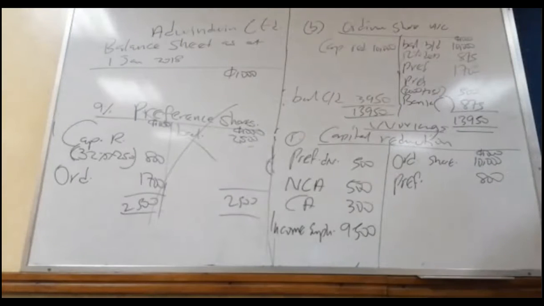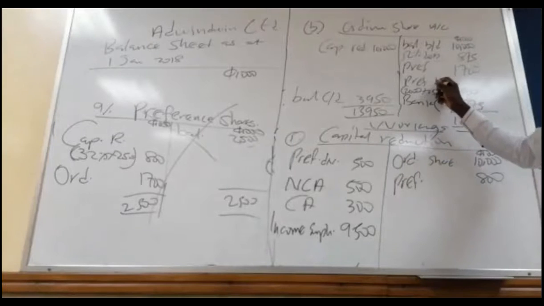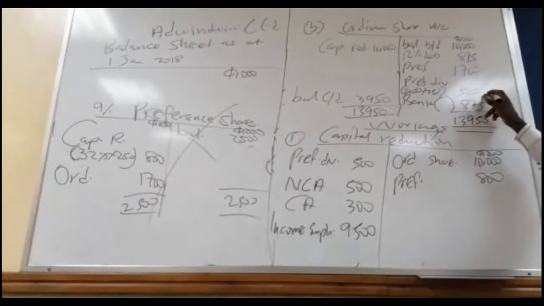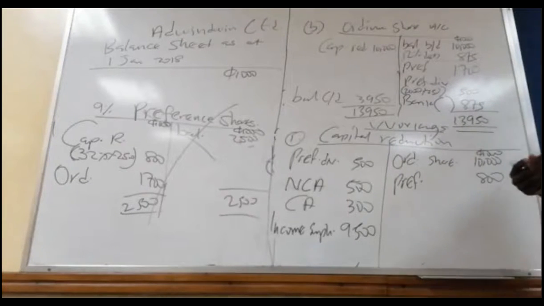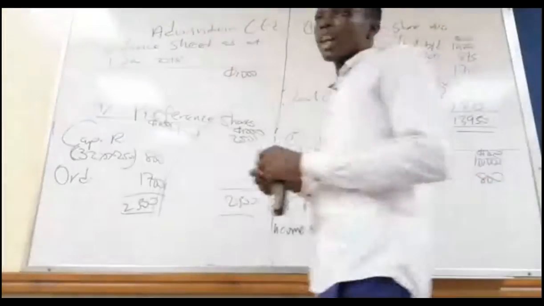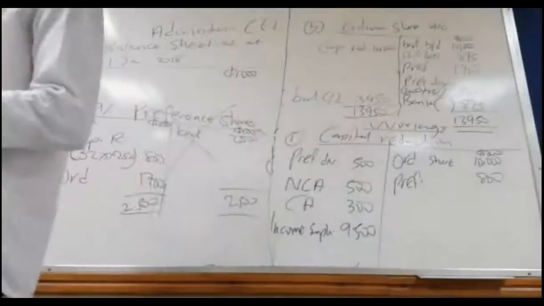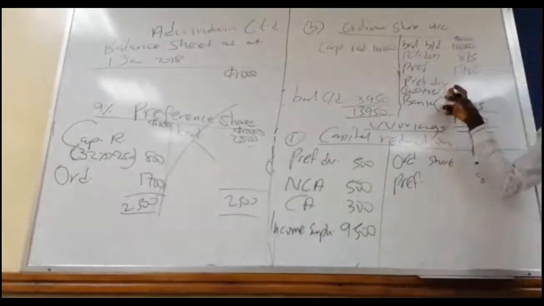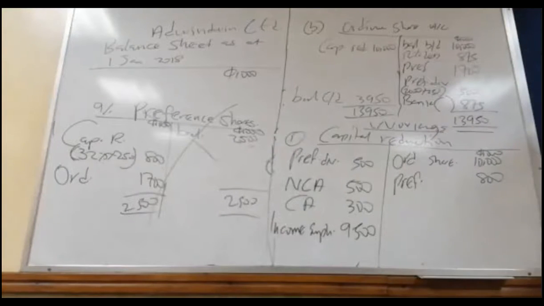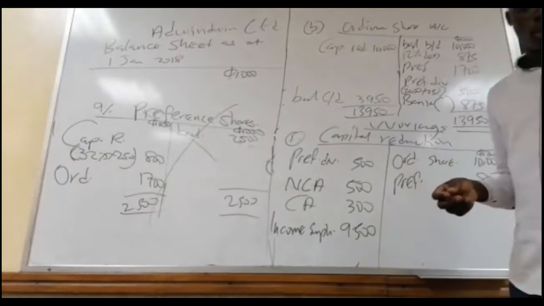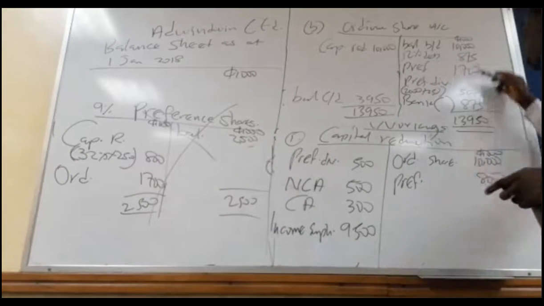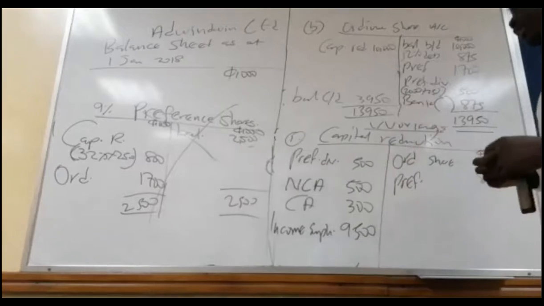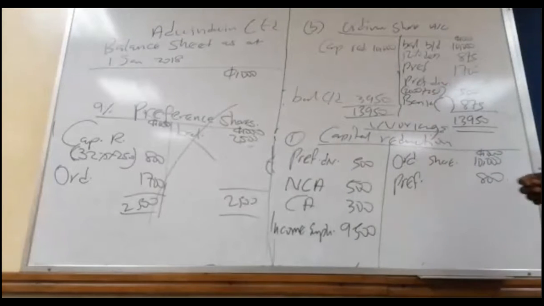The 500 was the preference dividend. We had 500. We gave them 2,000 shares, valued at 250. Good. There's preference shares and preference dividend. There are two things altogether. One is dividend, one is shares. So therefore, we put them together to get a balancing figure. Then what do we do?